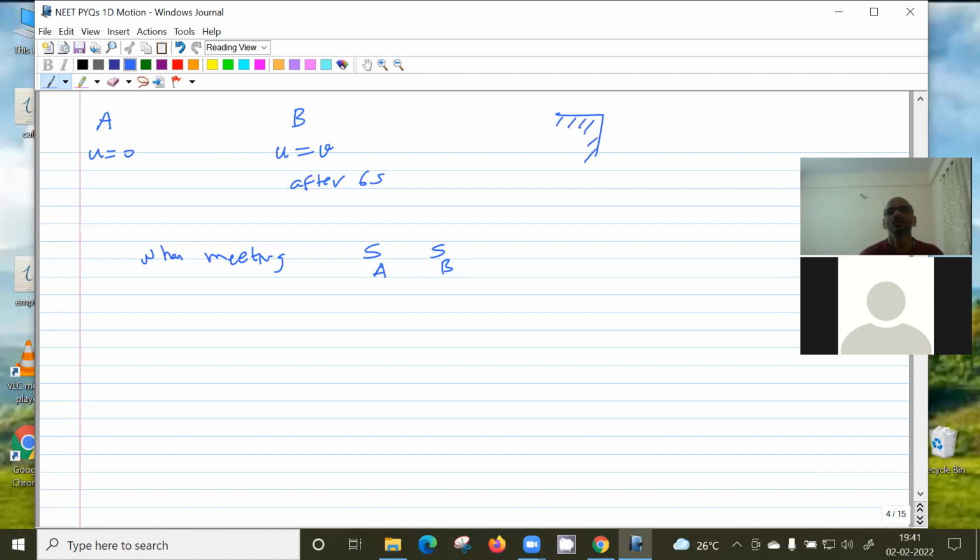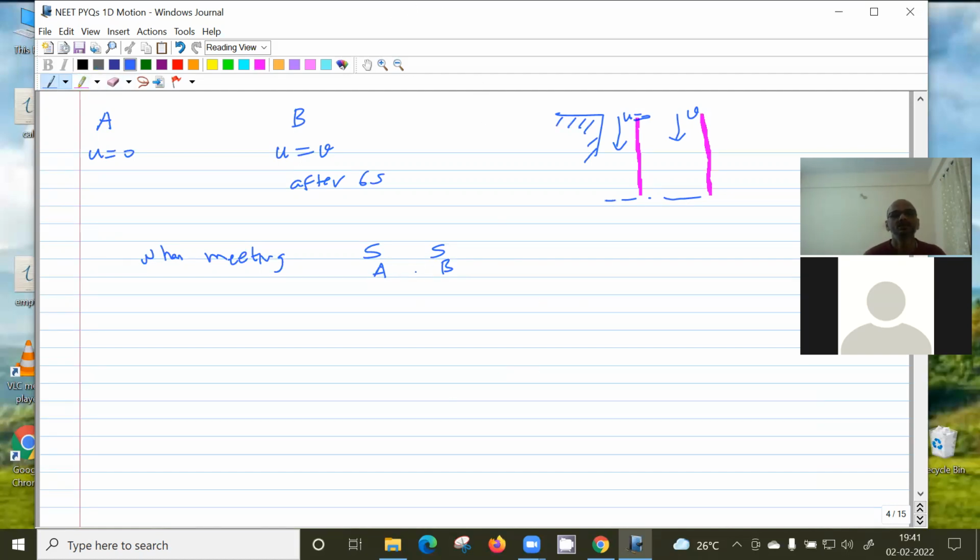See, ball A is dropped with U equal to 0, and ball B is thrown with U equal to V. And when they are meeting at some point, what is same for both of them? Distance. Yeah, so displacement is same, right? This is the displacement for the first one, this is the displacement for the second one. So both the displacements will match.